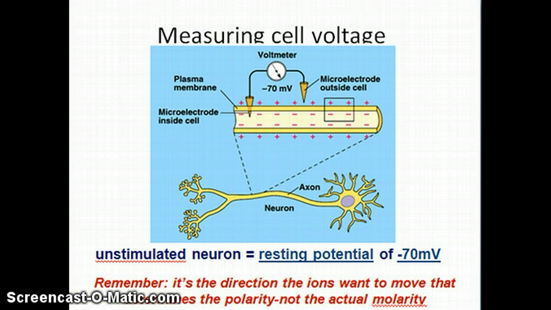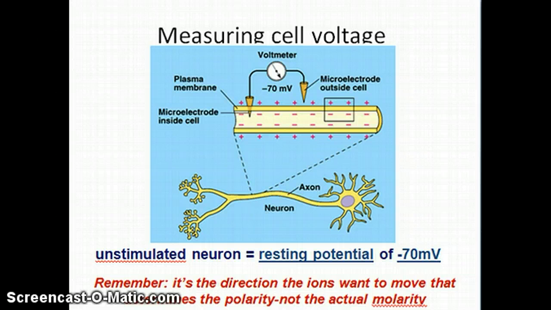So again, in a non-stimulated neuron, we have a resting potential of about a negative 70 millivolts. And what I like about this slide is the emphasis at the bottom that says to remember it's the direction the ions want to move that determines the polarity and this potential energy that we have here for an action potential.